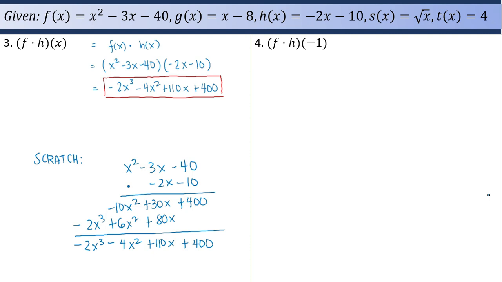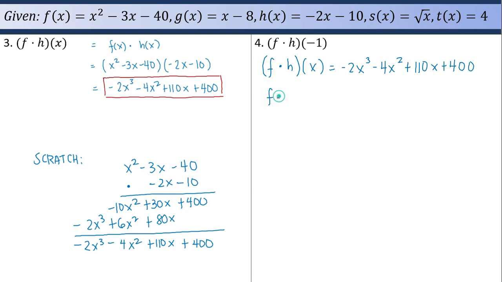Number 4, f times h of negative 1. Take note na nasolve na natin sa number 3 ang f times h of x. And this is just equal to negative 2x cubed minus 4x squared plus 110x plus 400. Okay?